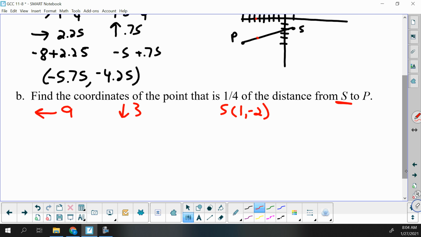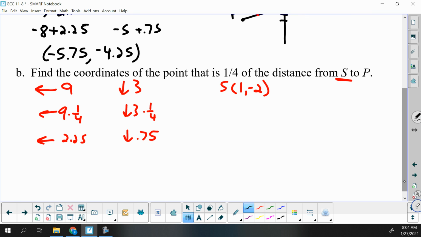So we're doing 1/4 still. So it's going to end up being the same values as last time. So we're going to have left 2.25 and down 0.75. We were starting from S, so we started with 1.